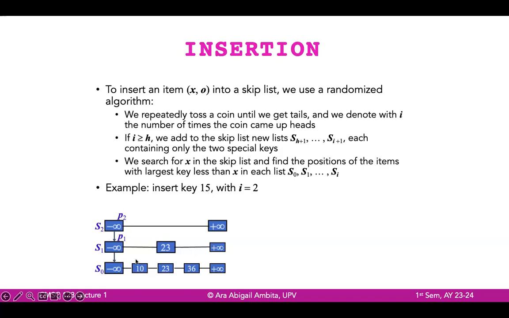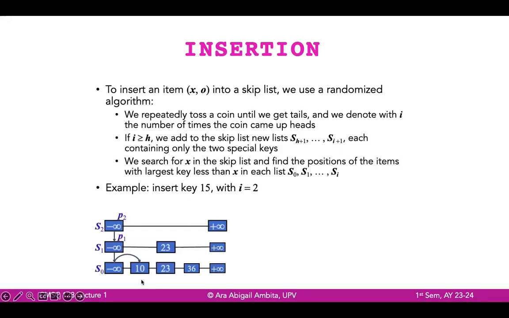Since 15 is greater than 10, we scan forward, or move to the right. We are now at position 10, and we compare the key 15 with the element after it, and that is 23. 15 is less than 23, so we are supposed to drop down, but in this case there are no more lists.